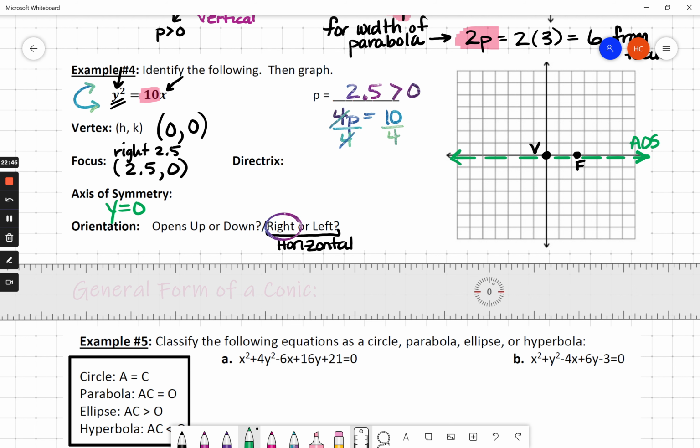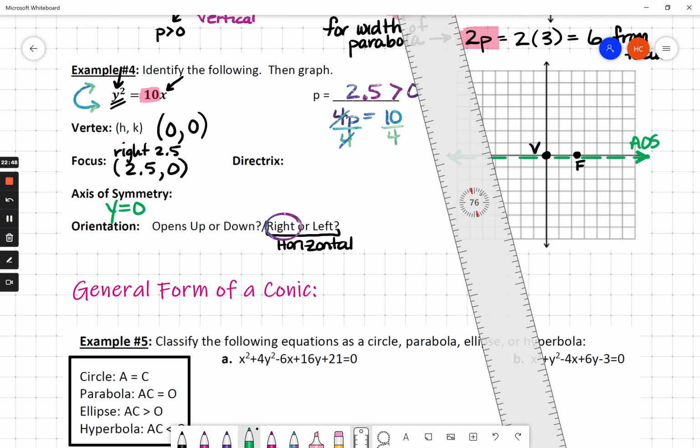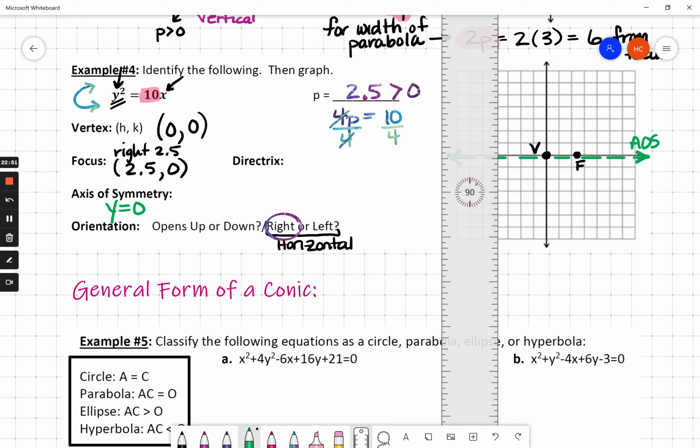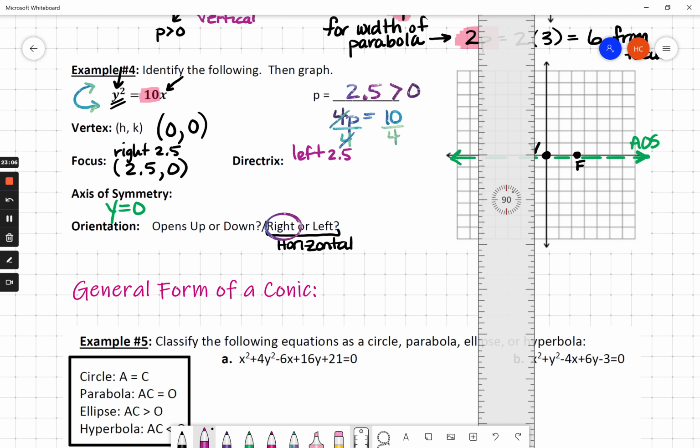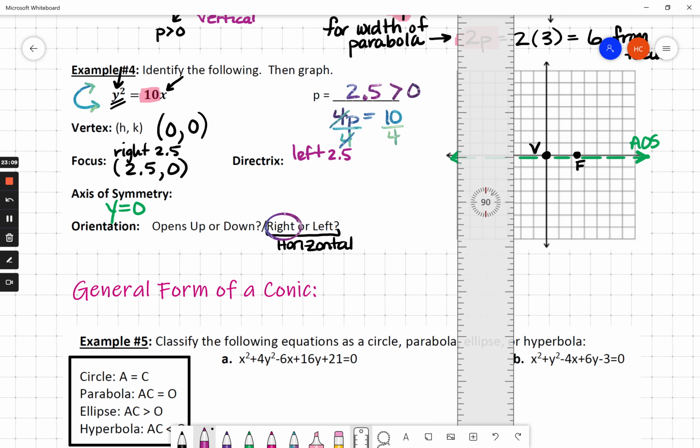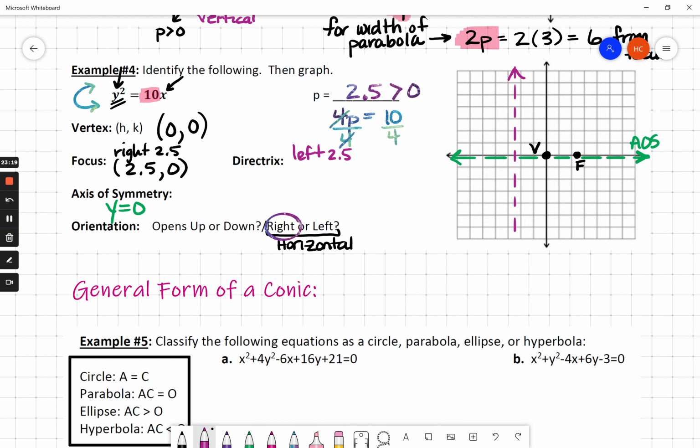The directrix has to be vertical. So let me write this vertical. And we do the opposite of what we did with the focus. So instead of right 2.5, we're going to go left 2.5 from the vertex. And I'm going to draw a vertical line because it has to be perpendicular to my axis of symmetry. So here is my directrix.